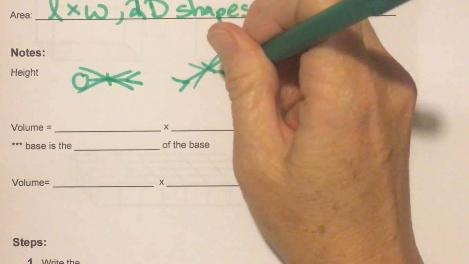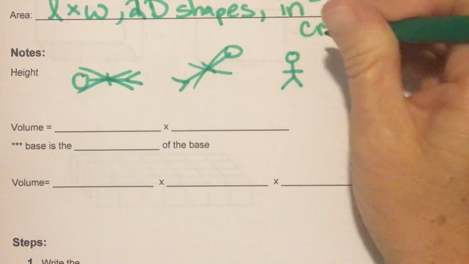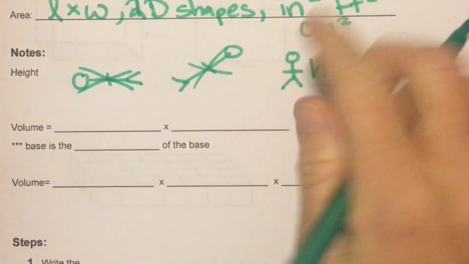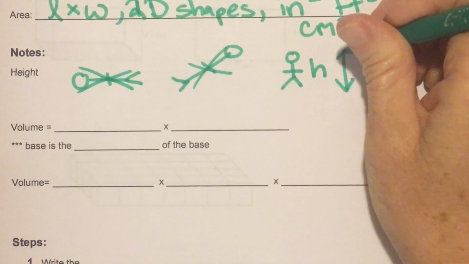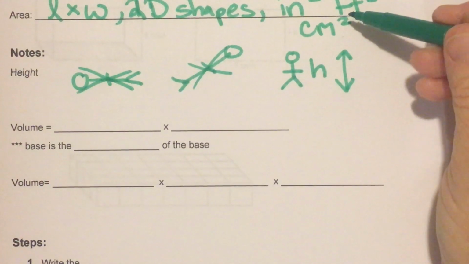No, that would be crazy. When we measure height, it's always straight up and down, completely vertical, just like your body would be if you were having your height measured.